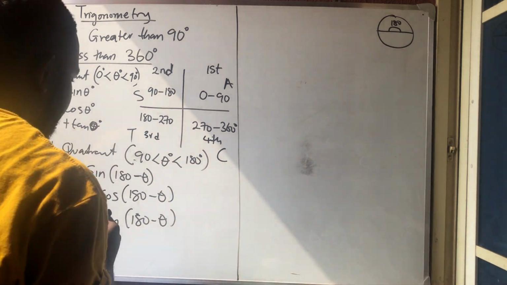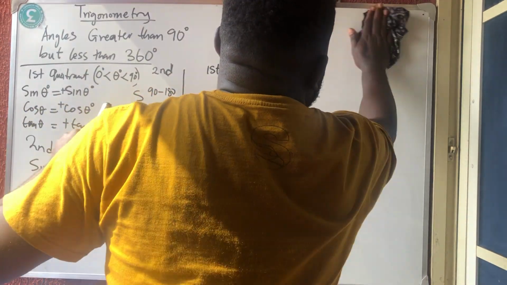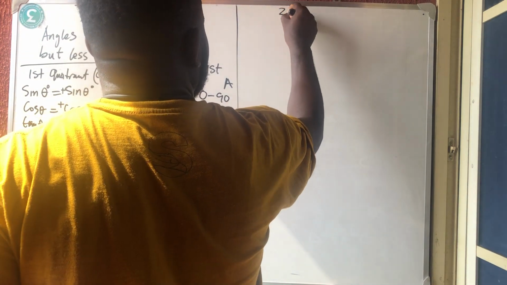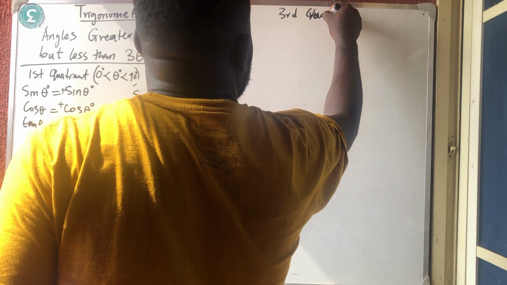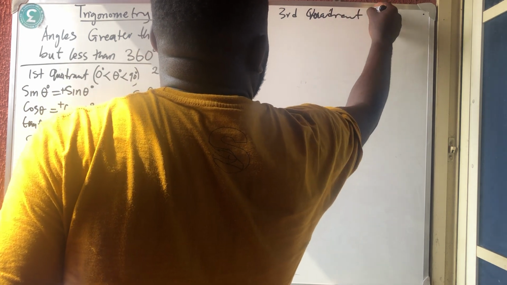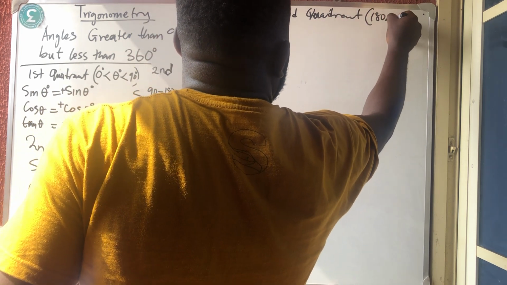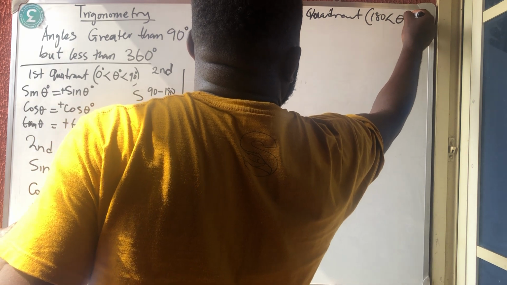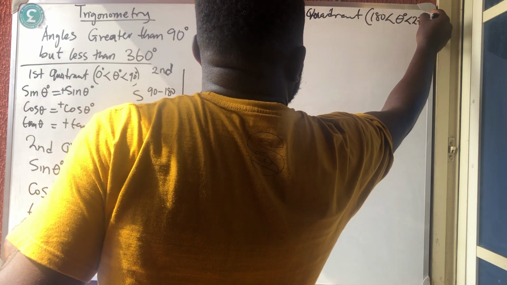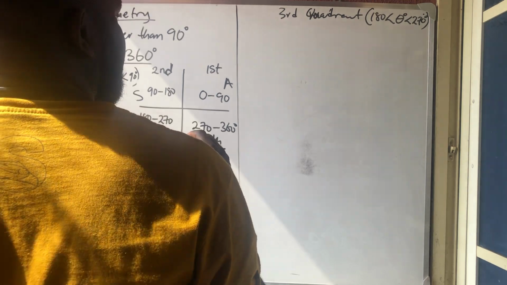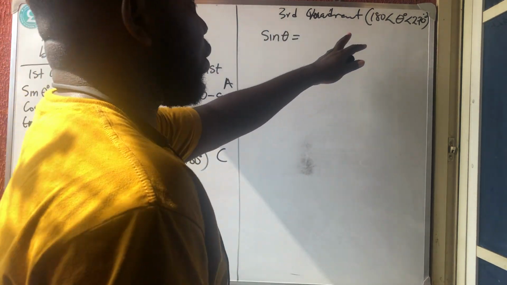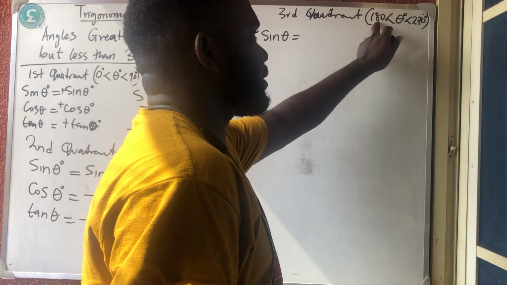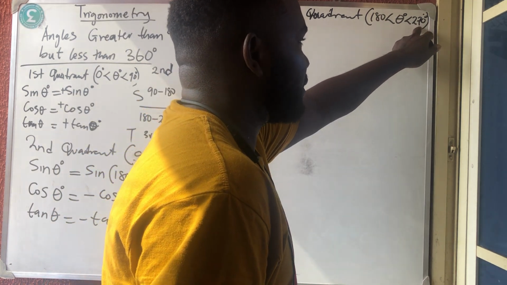So now let's talk about the third and the fourth quadrant. The third quadrant is from 180 to 270. Look at what happens there. Theta is anything that is greater than 180 but less than 270.